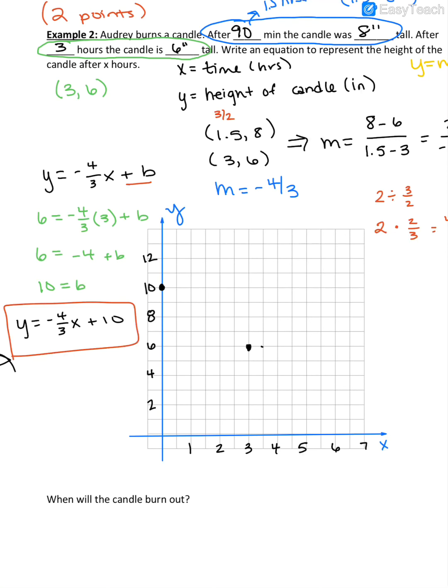So right there is down 4, right 3. Do the same thing again, and then connect it with that straight edge.